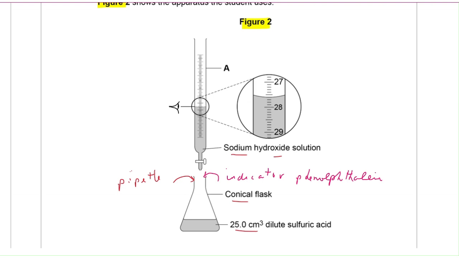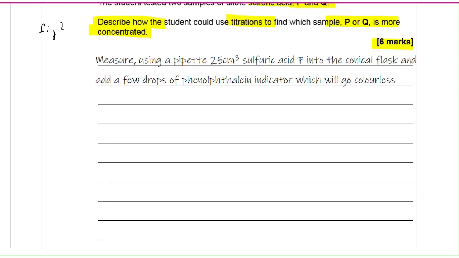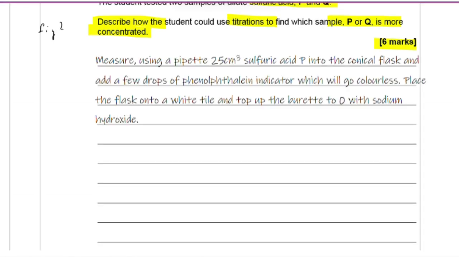So let's crack on. Measure, using a pipette, 25 centimetres cubed sulfuric acid P into the conical flask and add a few drops of phenolphthalein indicator, which will go colourless. Place the flask onto a white tile and top up the burette with sodium hydroxide to the 0 mark. We use a white tile to show the contrast in the colours, and the colour changes.